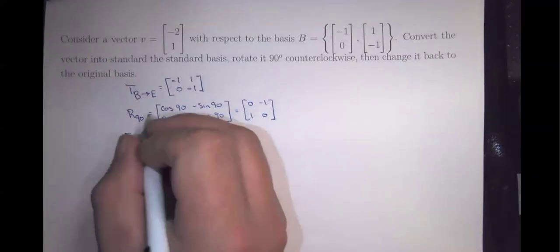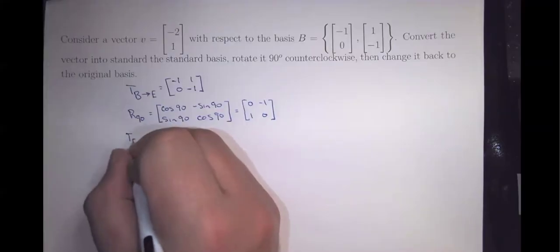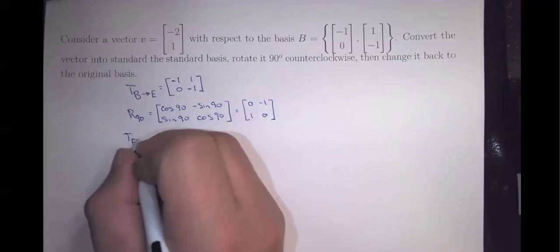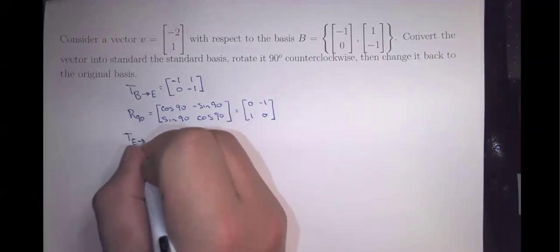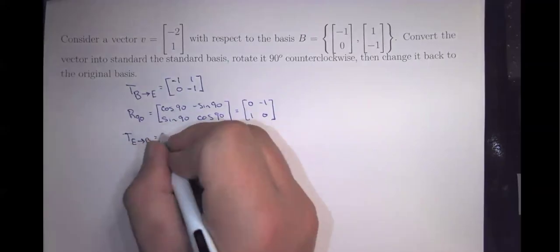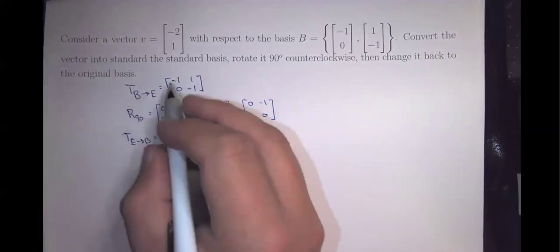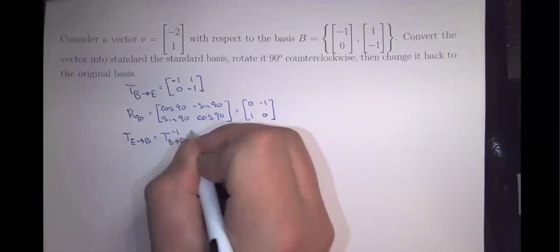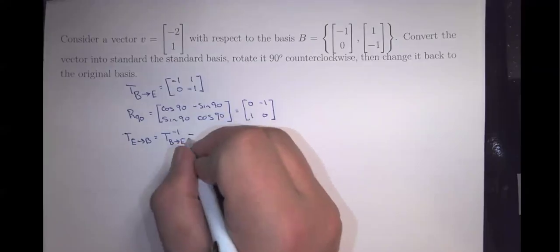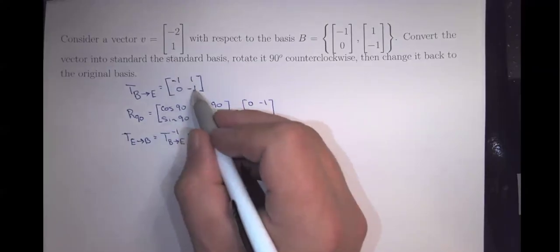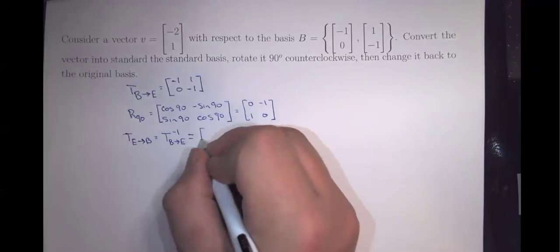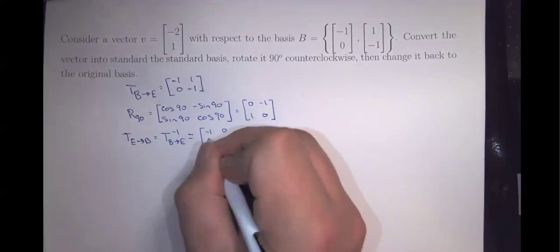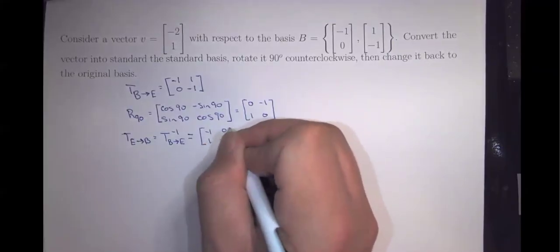In order then to take something that's in our standard basis E and move it to B, we need to take the reverse of the transformation matrix that takes things from B and moves them to E. And so this is given by 1 minus 0, so it's 1 times -1, 0, 1, -1.